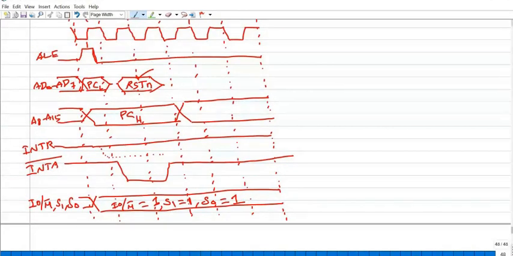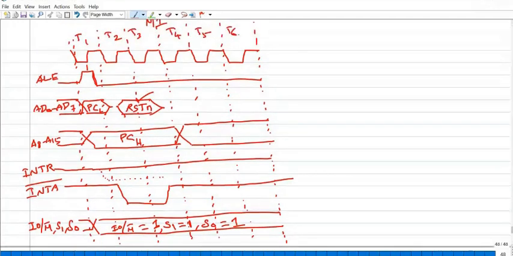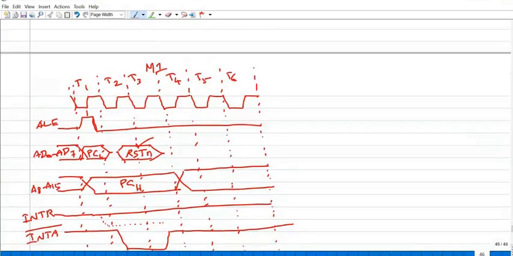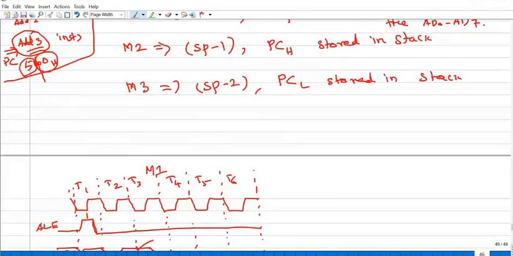Okay. So after T6, state 6, the processor completely decodes what kind of instruction it is. Then the microprocessor needs to store the program counter, that is the next immediate address, in the stack memory.